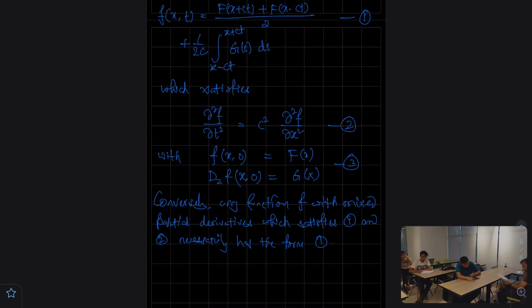D2 is the derivative with respect to the second argument, that is t. Not the second derivative. The derivative is df by dt. It's the velocity of the wave.